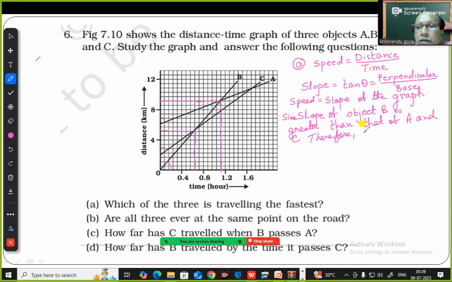B is traveling the fastest. That is the answer.